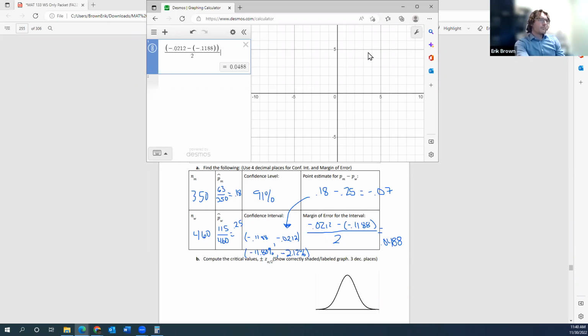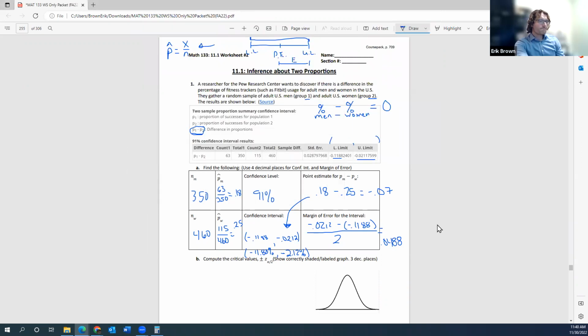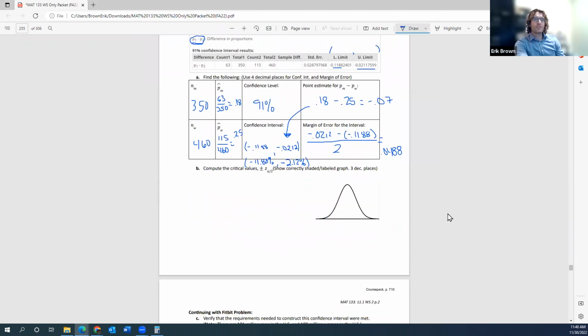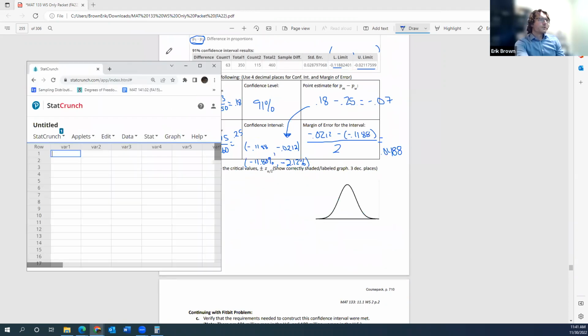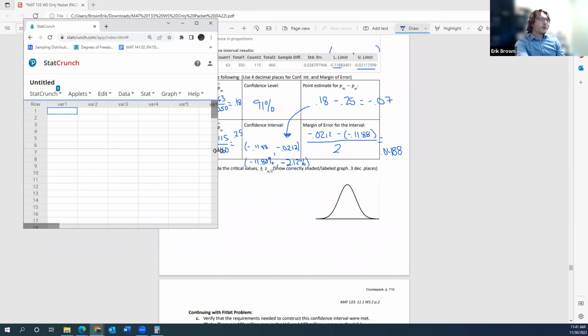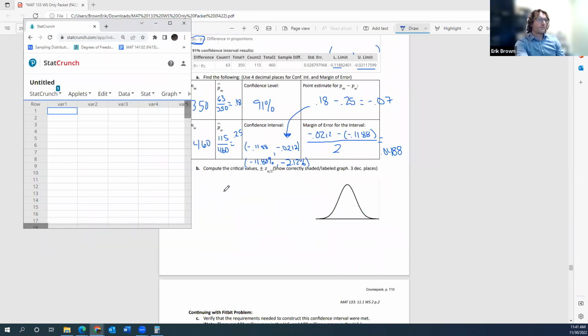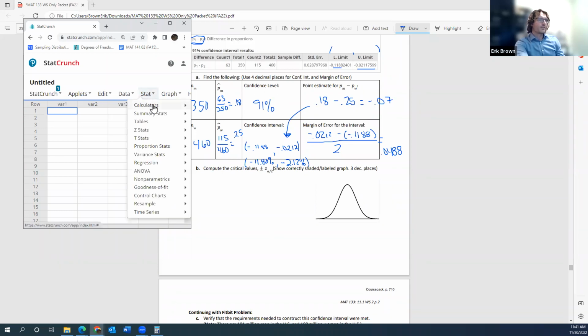Okay, B is a nice old school problem. Do y'all remember how to get the critical value in StatCrunch? In StatCrunch, you could look at your chapter 7 reference sheet material. We're going to use this confidence level, and it's the between for the normal calculator.